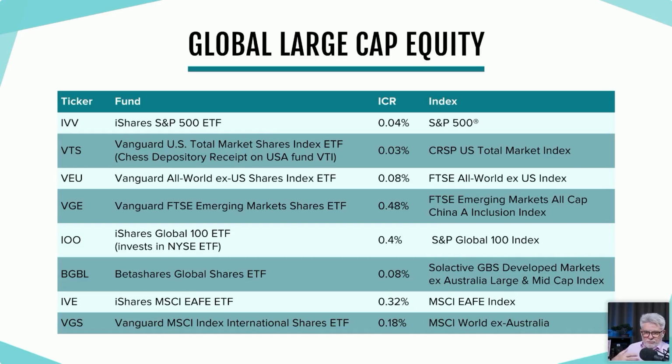So we generally use IVV and VEU to get our global exposure, and that's because it allows us to tweak the weighting between the US and the rest of the world. Whilst indexing is an important way of capturing the value within a particular market, it's not necessarily a particularly good way of allocating between markets.